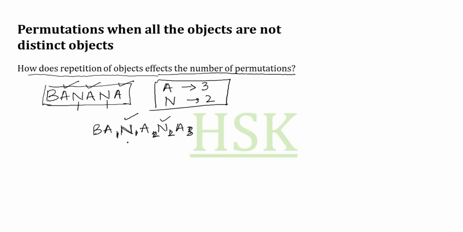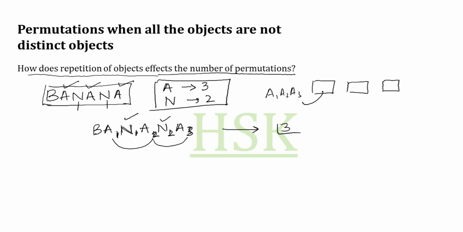Now these A's can arrange themselves in how many ways? 3 factorial ways, because there are 3 places and in 3 places we can arrange 3 objects, A1, A2 and A3, in 3 into 2 into 1, that is 3 factorial ways. And N1 and N2 can be arranged in 2 factorial ways.